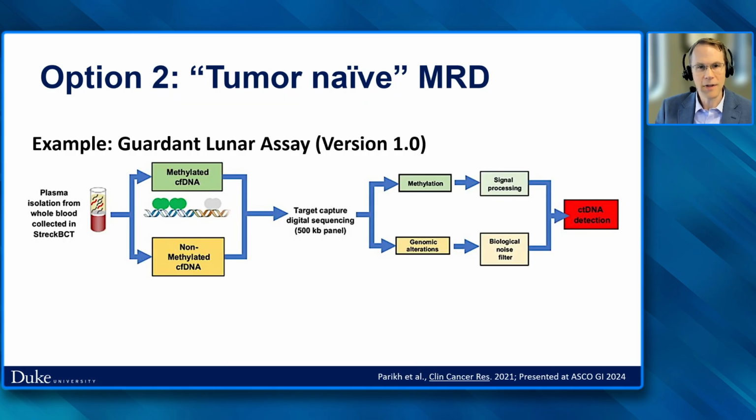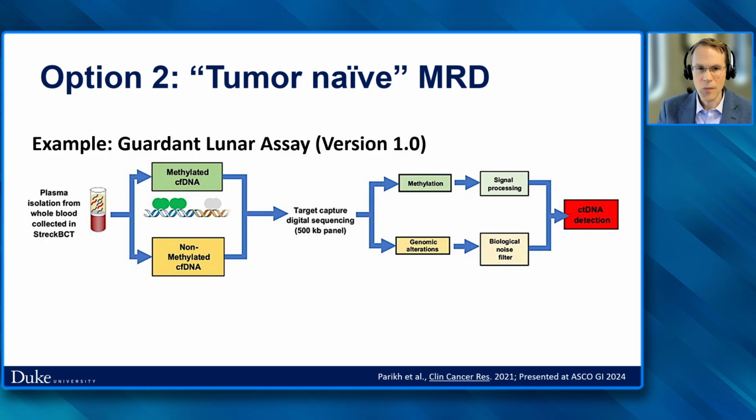The other technology that we're seeing now enter the clinic is the so-called blood-only or tumor-naive test. This one we've heard less about to this point. It does require more advanced bioinformatics to develop this type of assay, but it will typically involve either looking at patterns of methylation on cell-free DNA or looking at specific alterations in the tumor, and then also using this same technique to detect recurrence.